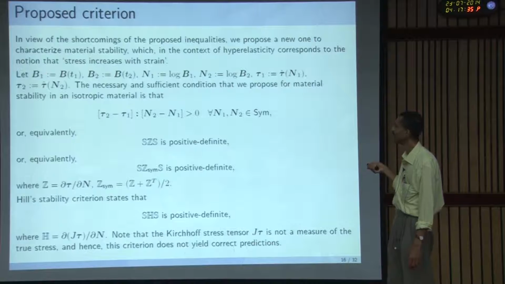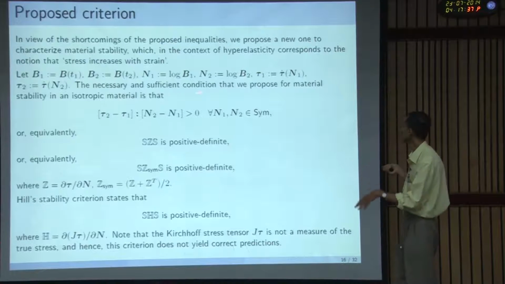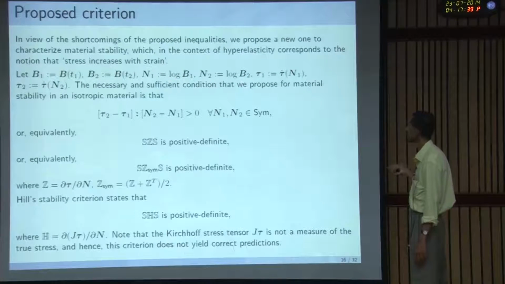But basically, B1 and B2 are two strain states, let's say, and N1 and N2 are the corresponding logarithms of those. So this is the left Cauchy-Green strain tensor, and then there's a logarithm of that. Tau 1 is the stress corresponding to N1, and tau 2 is the stress corresponding to N2.